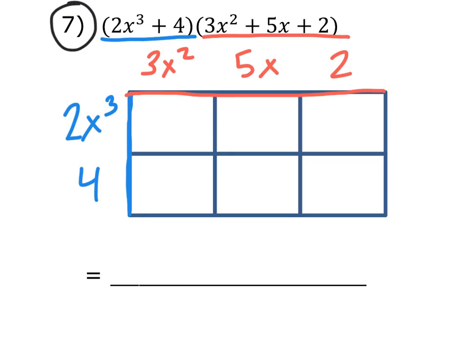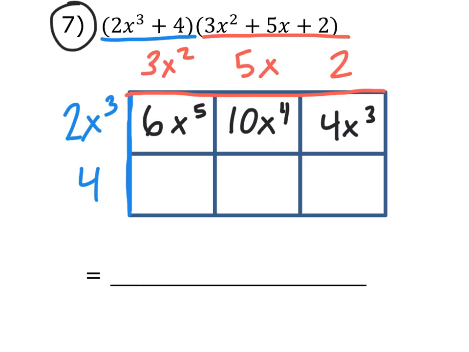So, for our first box, we have 2x cubed times 3x squared. Multiply the coefficients, 2 times 3 is 6, and then multiply the variables. X cubed times x squared, remember add the exponents, so this is x to the 5th. For the box just to the right of that, 2x cubed times 5x, that's 10x to the 4th, and then 2x cubed times 2 is 4x cubed.